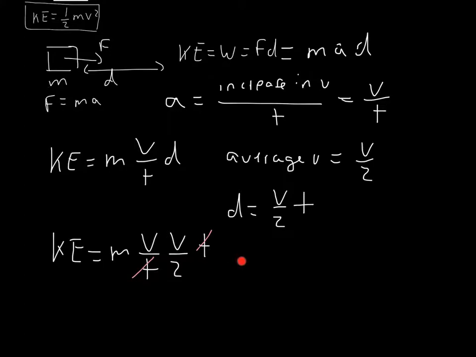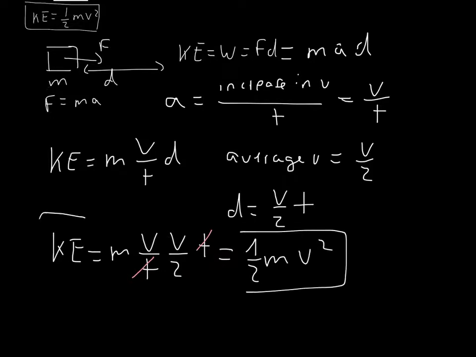So then we get 1/2, because they have these two here, then times m, and then times v, which is v squared, which is what I told you at the beginning. So this is a more rigorous deduction of the formula of the kinetic energy. Again, if you found this really hard to follow, you don't have to. All you need to remember is that the kinetic energy is 1/2 of mv squared.